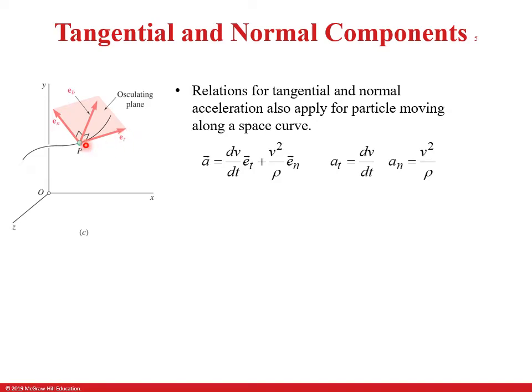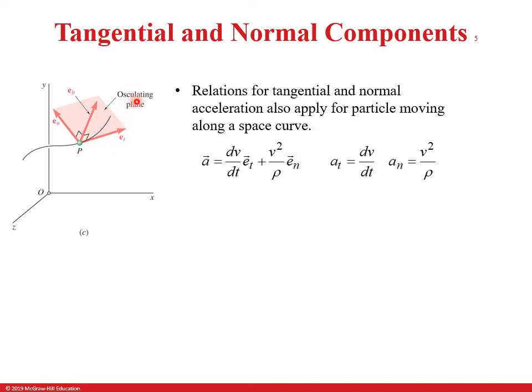We have a e sub t and a e sub n, our tangential component, our normal component, and then we add this new one, e sub b, which is just going to be the cross product of e sub t and e sub n, and it's just going to be referred to as the binormal of the two. So we still have this equation here, acceleration in the tangential and the normal. We don't even have an acceleration component in the binormal, so that is good.